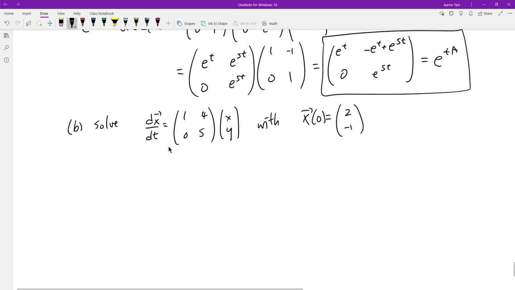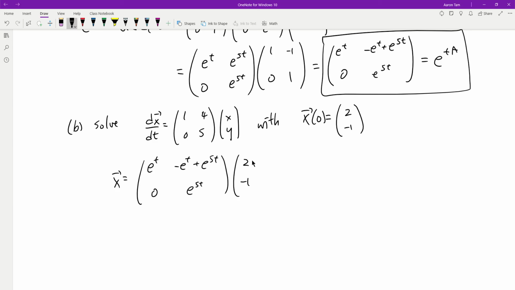Then, well, we already know what the answer is because this is my matrix A and I know e to the tA. So therefore, in this case, the answer will have to be this. And so now I can say this is this dot product this, so it'll be 2e to the t plus e to the t minus e to the 5t, because that's multiplied by negative 1.